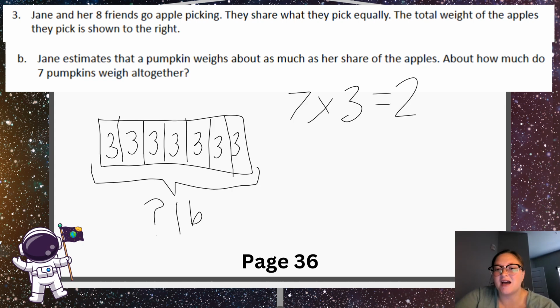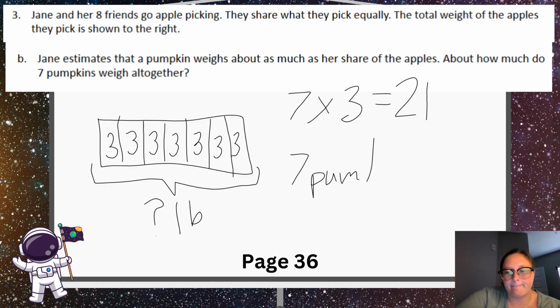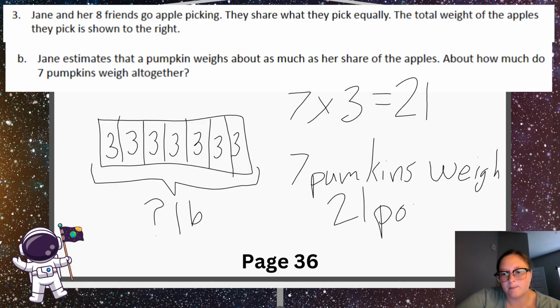Good. 7 times 3 is 21. That means 7 pumpkins weigh 21 pounds.